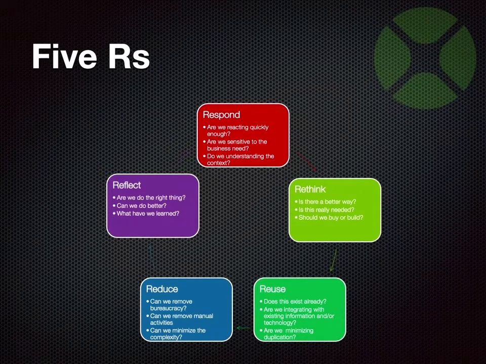Reduce. If there's any chance that we can reduce the bureaucracy, reduce the handoffs, and help the business focus more on the value they bring to the company, we need to do that as part of our solutions. At the Science Center, for example, when I first got there, the Be a Star, the star map that I showed you earlier, the original process was that for a $50 donation, it cost about $30 worth of manual labor handoff to process that donation.